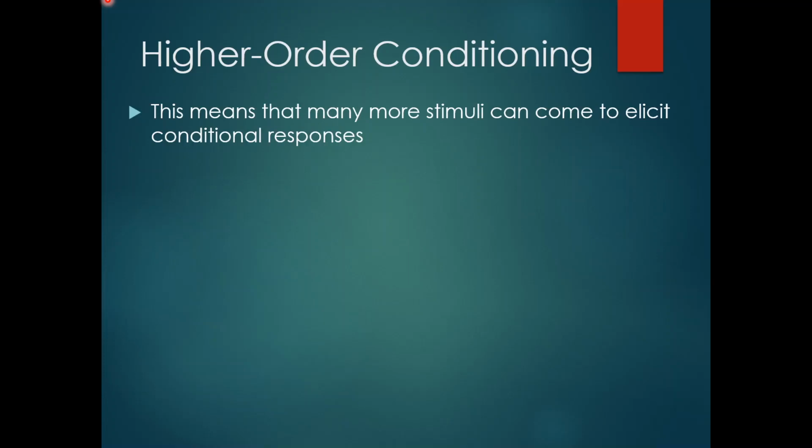This means that many more stimuli can come to elicit conditioned responses, and there isn't necessarily a cap to the number of conditioned stimuli you can have. We start with CS1 and it can go all the way to CS10, CS20, and so on and so forth.